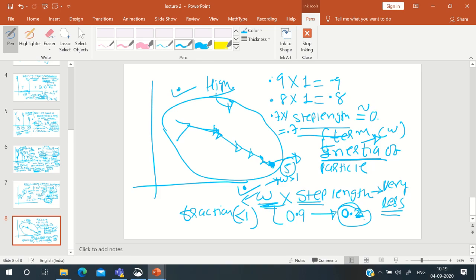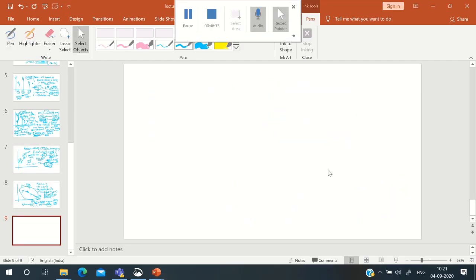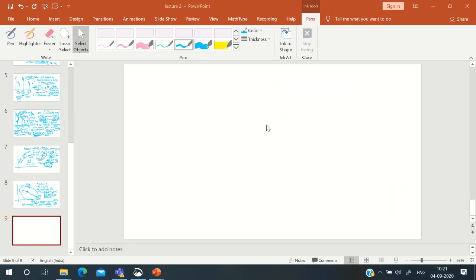Now we will see the mathematical formulation of PSO in which these three concepts are incorporated. So now, the equations of PSO.